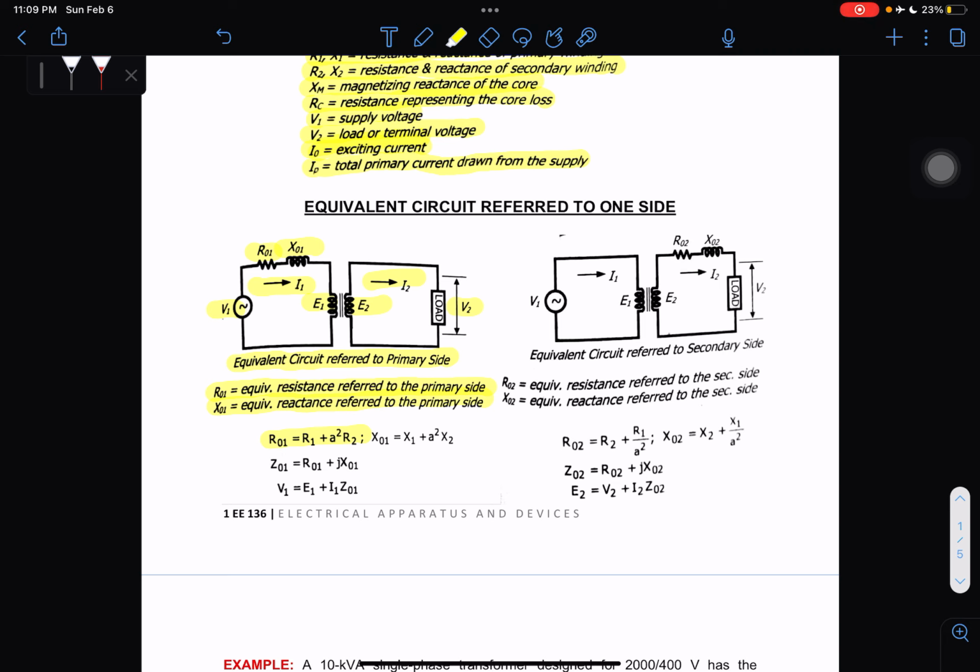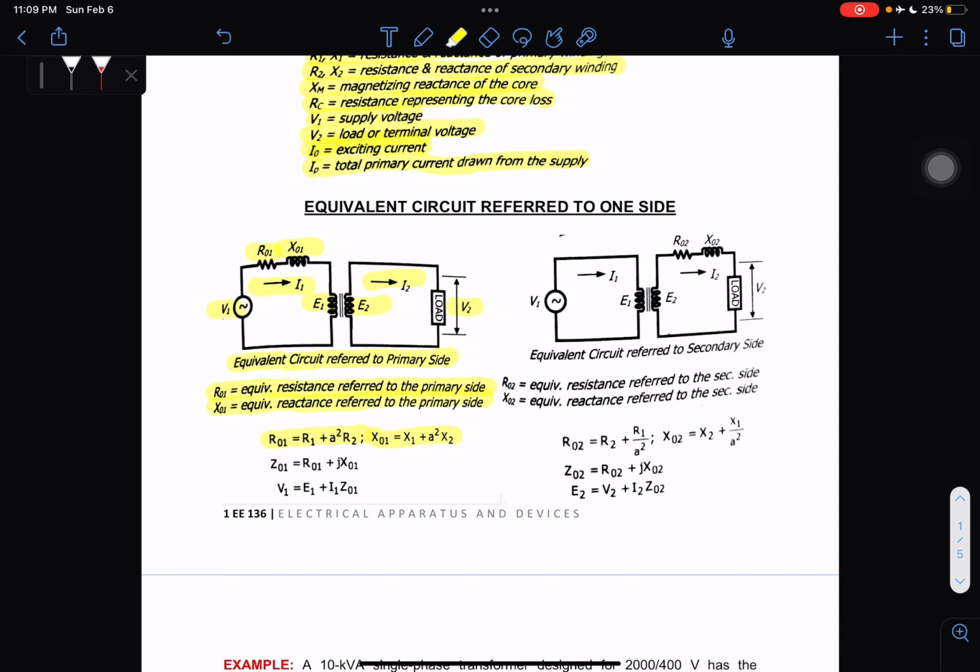And for our equivalent reactance formula on the primary side, we have X01 equal to X1 plus A squared X2. So the only difference is the values of our R and X.